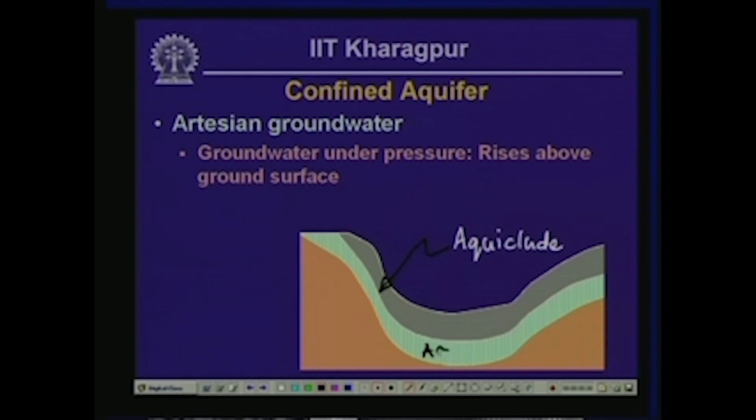Then our aquifer in this case is sandwiched between two layers of aquicludes. So this one is also another unit that fits the definition of aquiclude.